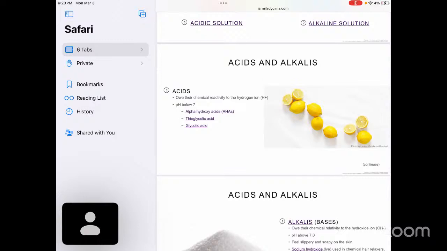And so what do we have below 7? Alpha hydroxy acids, AHAs. These are cleansers that mainly have an acidic pH, and alpha hydroxy acids could also be great for acne. And you've got thioglycolic acid. You may say, Ms. Cox, what's thioglycolic acid?